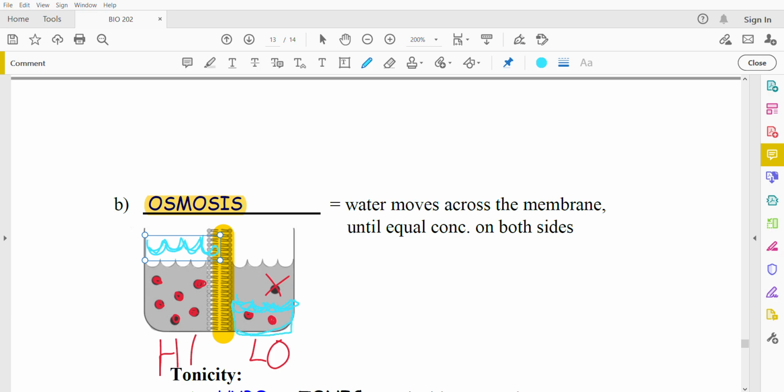So if we only have a little amount of water and solutes in it, and then we have a large amount of water and solutes in it, now their concentrations are actually the same. So we again aim for the equal concentration, but this time it's the water that moves from one side to another.